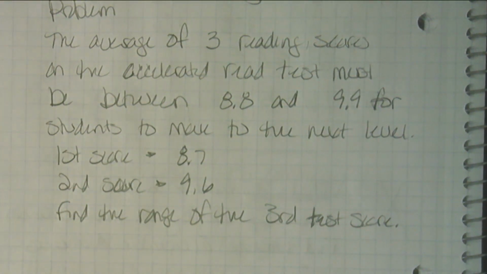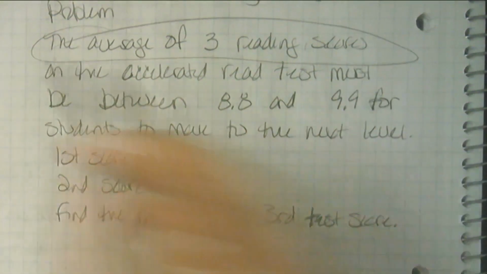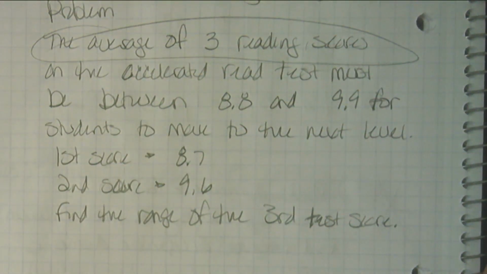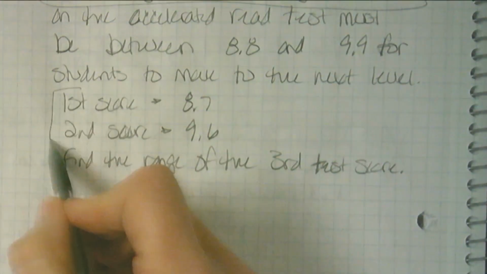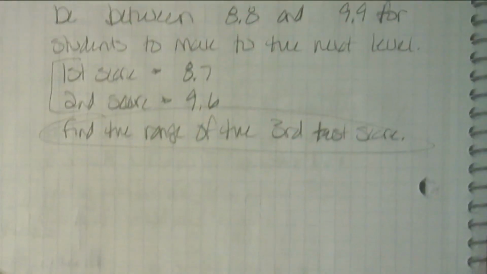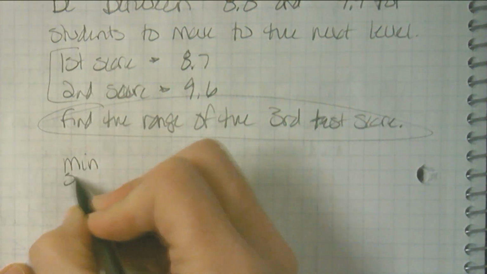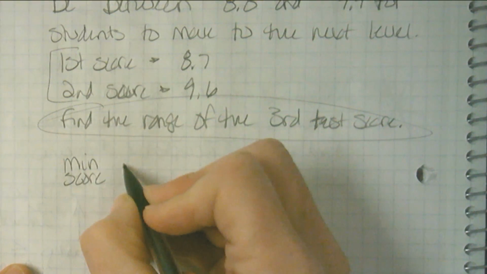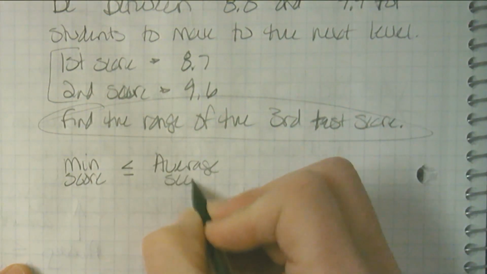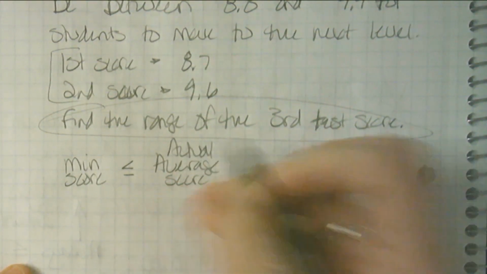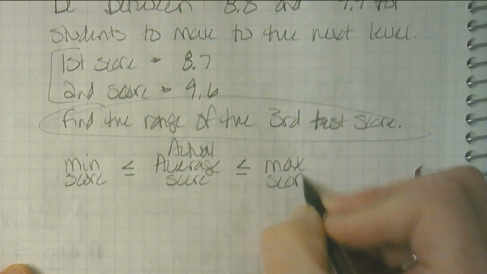All right, we have a minimum and a maximum of the average of 3 test scores, or the reading scores. All right, so we are given 2 of them. We have to find the third. Your game plan will always be the minimum for this, in this particular instance, score is less than or equal to the average score, the actual average, which is less than or equal to our maximum score.